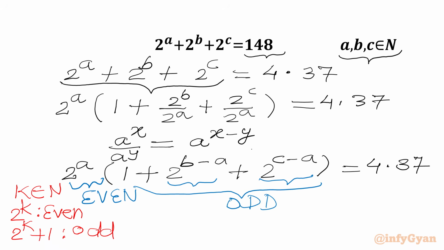We have the product of an even number with an odd number in the LHS as well as in the RHS. 4 is even, 37 is odd. So even times odd in the RHS, even times odd in the LHS. We have to only compare even number with even number, odd number with odd number.